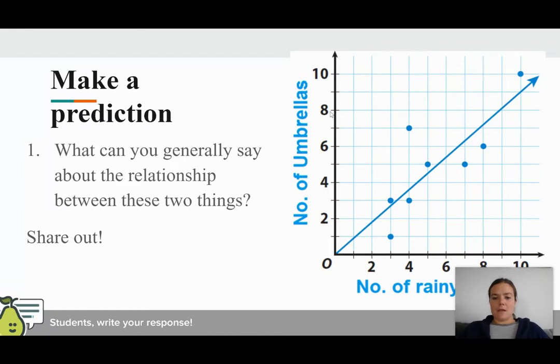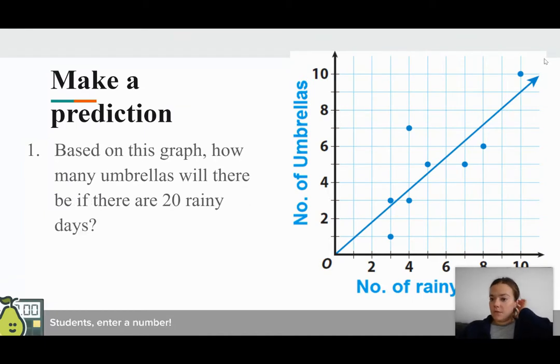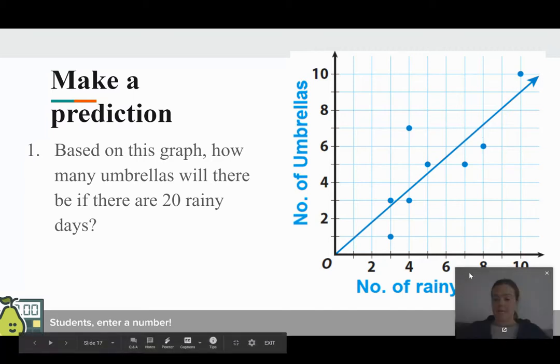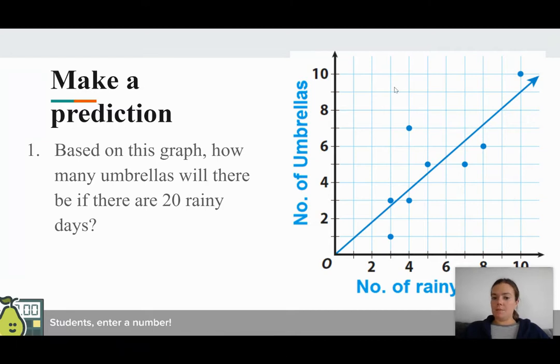Makes sense. Now, there's a part of this graph that you can't see. But you can predict what that number might be based on this trend right here. So based on the graph, and the word is to extrapolate this graph out further to 20 rainy days. So all the way out to the right. How many umbrellas do you think there might be?